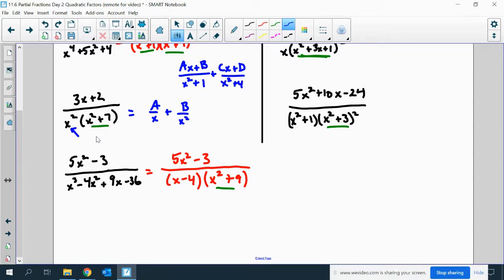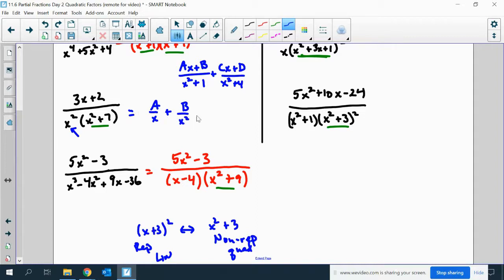We have to understand the difference between something that looks like (x minus 3) squared and something that looks like x squared plus 3, where this is repeated linear and this one is non-repeated quadratic, because I can't factor this x squared plus 3 anymore, but this (x minus 3) squared or (x plus 3) squared or anything like that is factored into linear terms as much as it possibly could be.